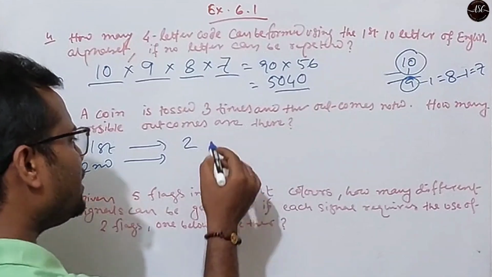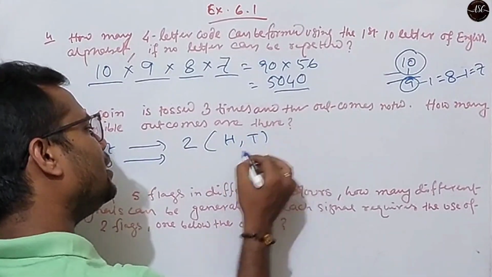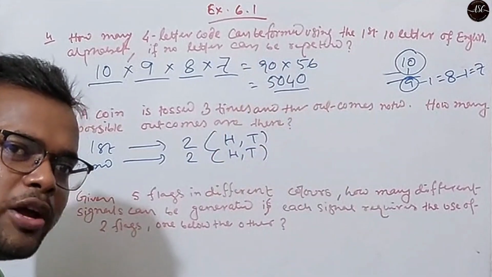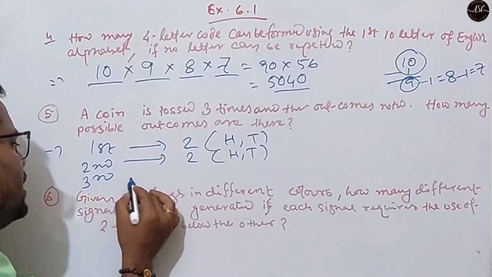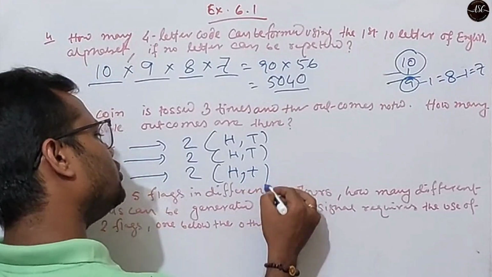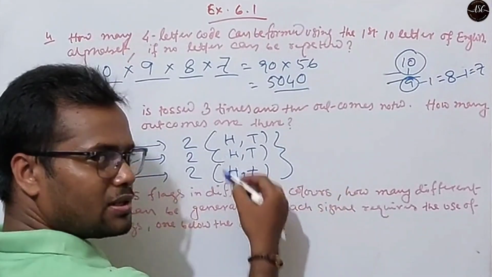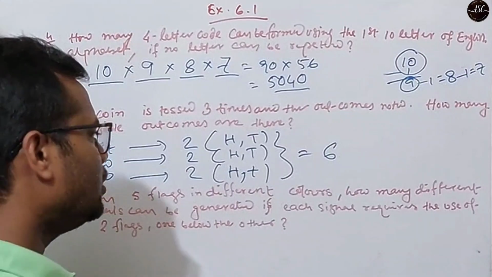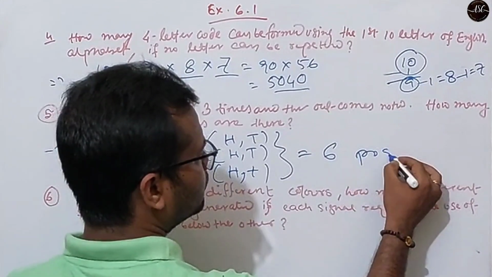That means head and tail. Here also head or tail. And if we again toss this coin, then the third time there are also 2 outcomes, head and tail. So if we sum these 3, we get 6. So there are 6 possible outcomes.